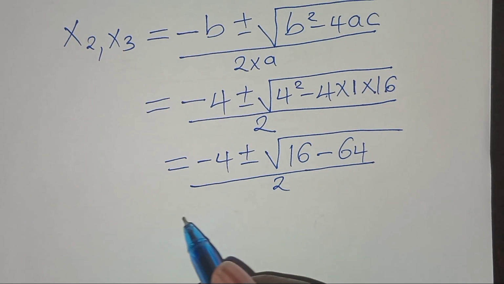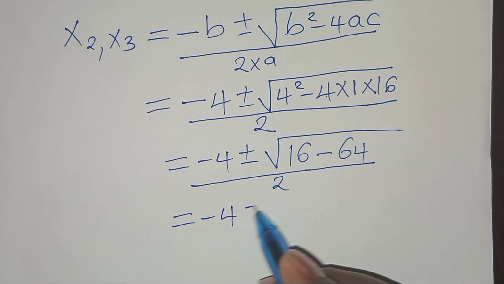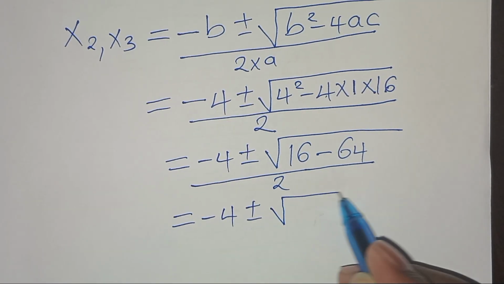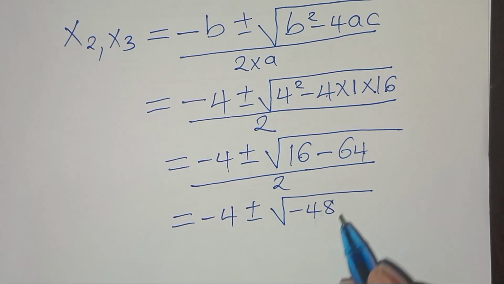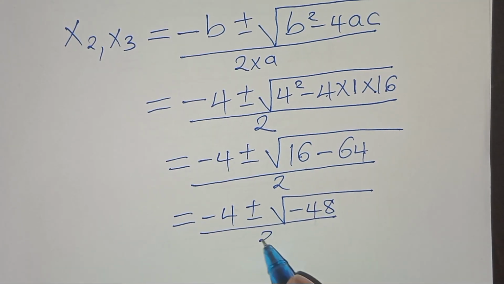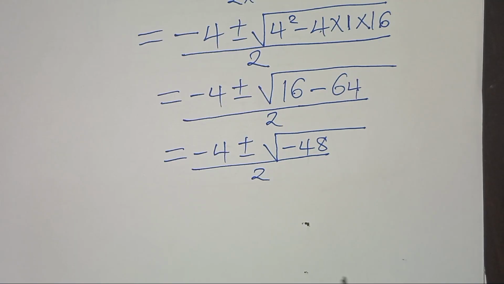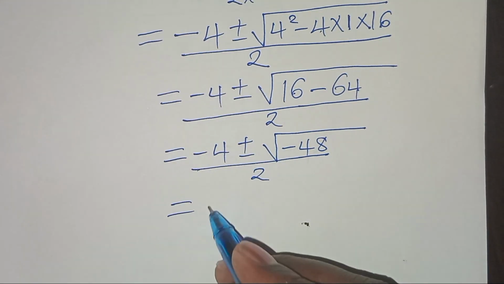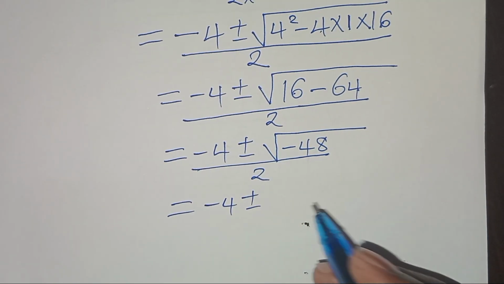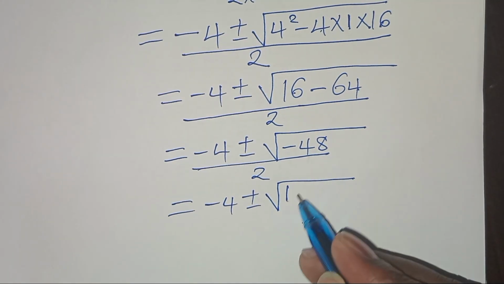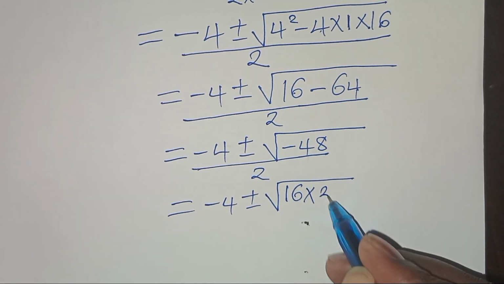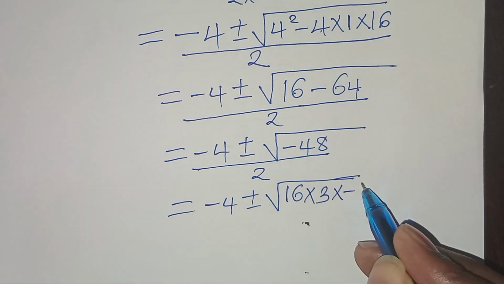The next step here, we'll have minus 4 plus or minus the square root of 16 minus 64, this is negative 48. All this divided by 2. And then we have here negative 4 plus or minus, we can express negative 48 as 16 times 3 times negative 1.